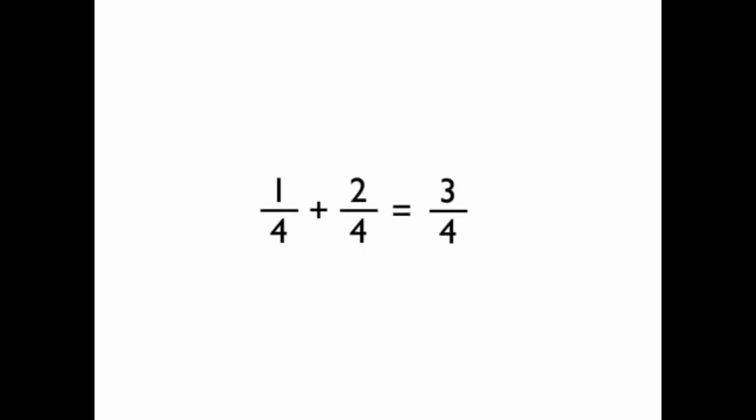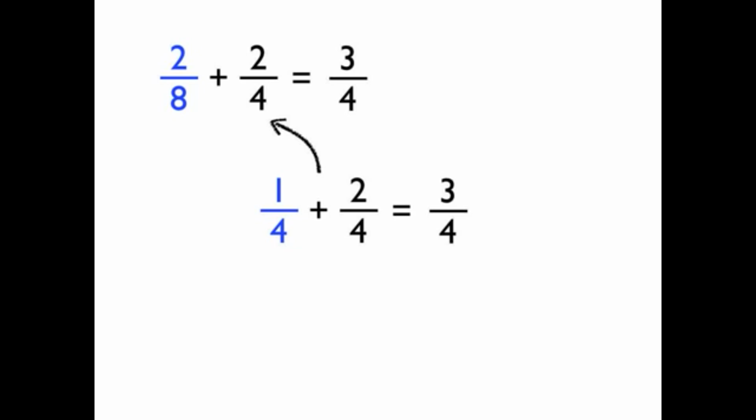Okay, what I'm going to do is start with a fraction sum where the denominators are the same. So in this case, 1 quarter add 2 quarters is 3 quarters. What I've done in the top left example here is I've changed that 1 quarter into an equivalent fraction 2/8.